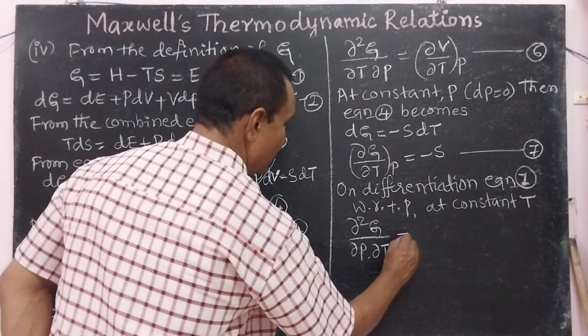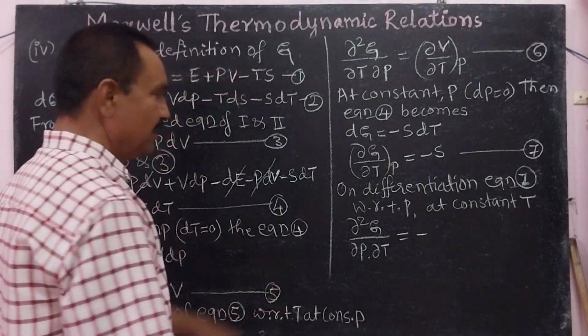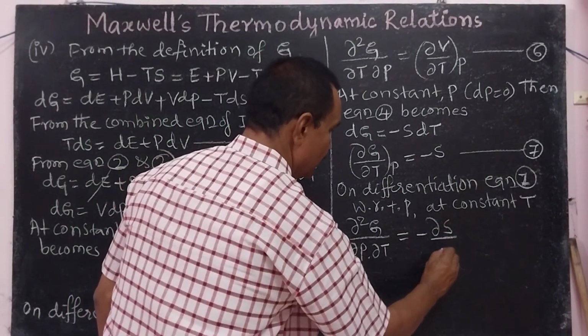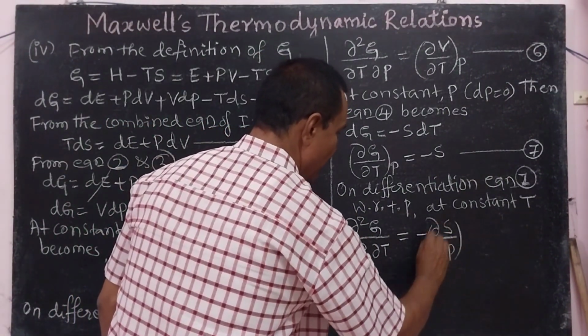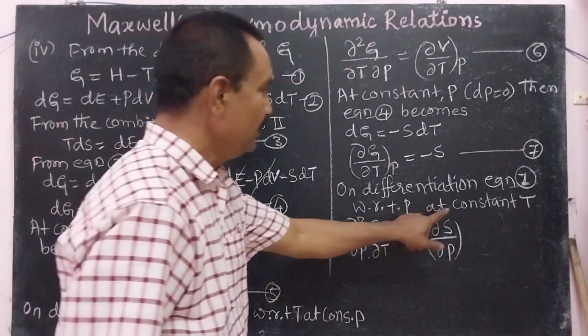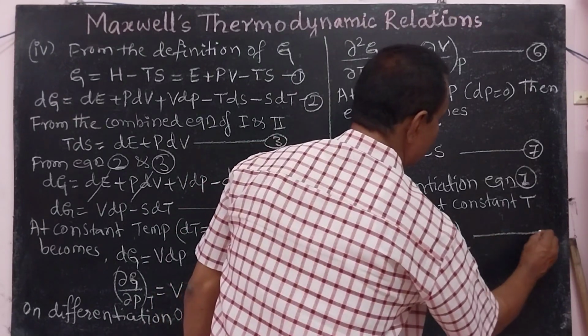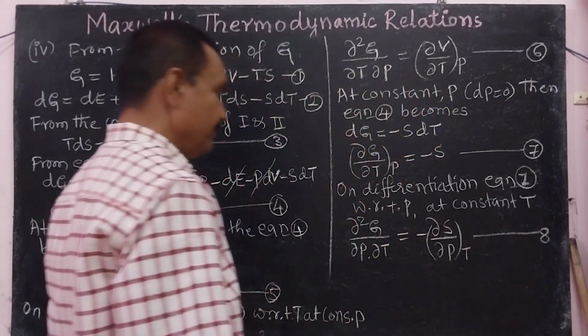Then we get minus, which remains as it is, and we are differentiating with respect to P, that is ∂S divided by ∂P at constant temperature. Suppose this is equation 8.